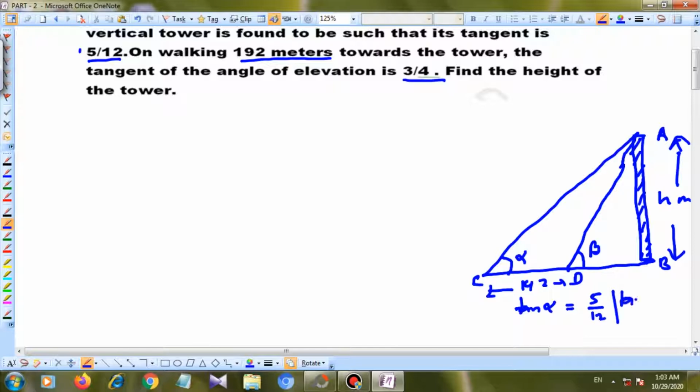Means the value of tan beta is 3 by 4. Clear? Suppose BD is x, then find the height of the tower.